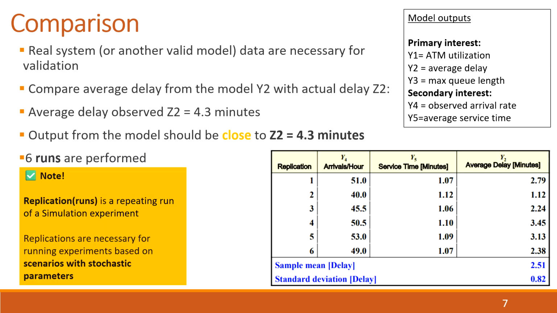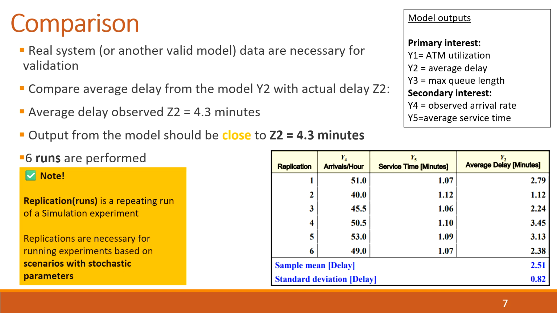To continue the example, for validation we need the data from the real system or from a trusted reference model. Here we compare the model's average delay, Y2, with the real observed delay, Z2, and as you can see according to the slide, the real delay value is 4.3 minutes. A good model should produce results close to this value.